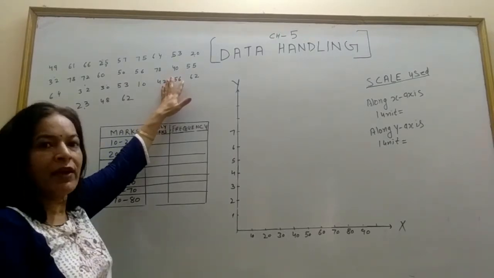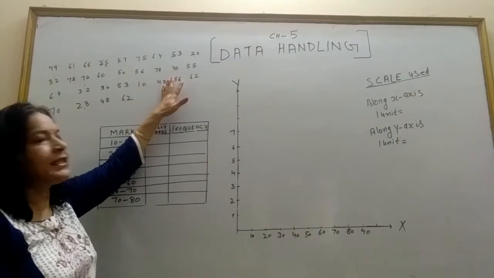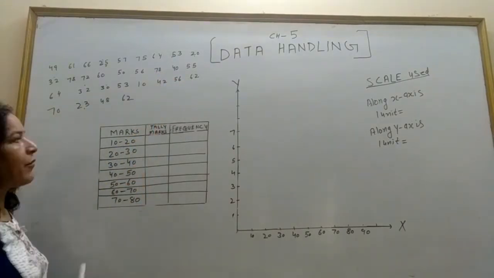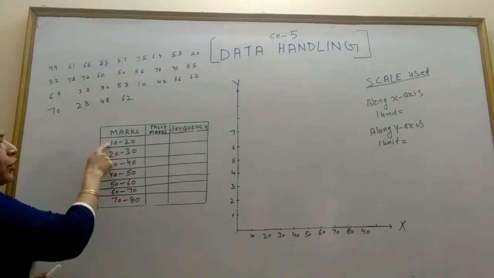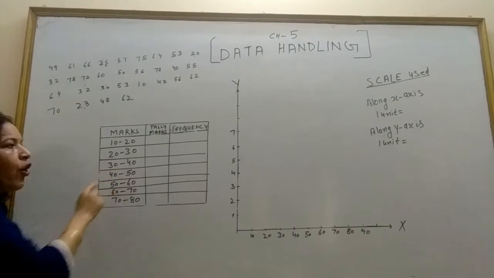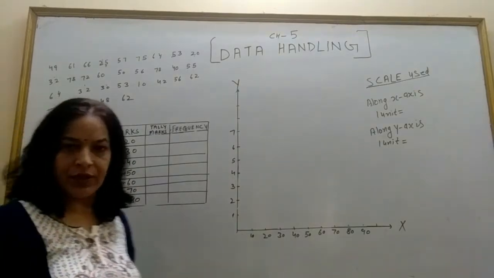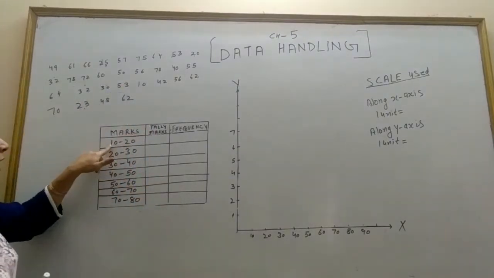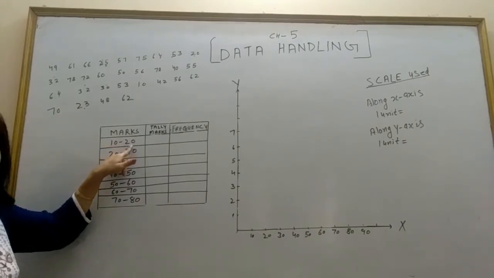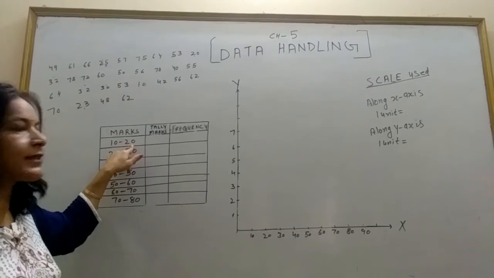To make it simple, we will organize it in the form of a table. So here I have made groups: 10 to 20 marks, 20 to 30, 30 to 40 marks, and these are called class intervals. In 10 to 20, 10 is called the lower limit of this class and 20 is called the upper limit of this class.